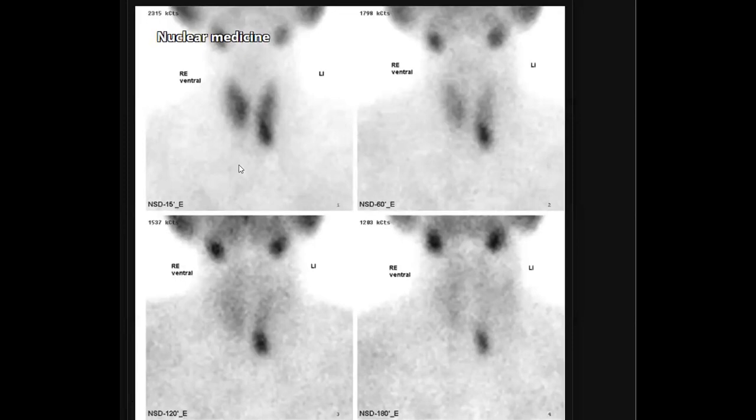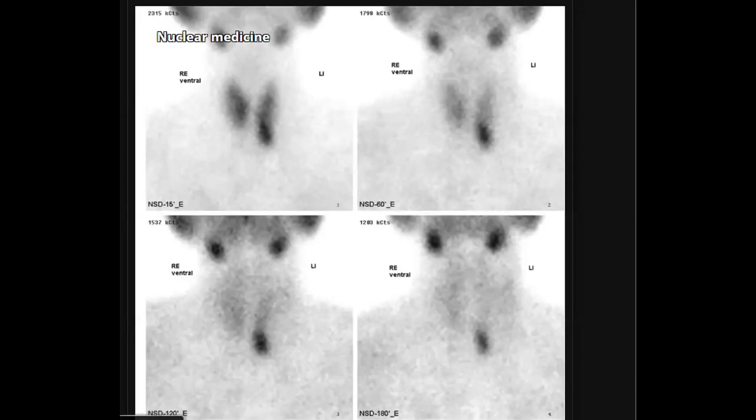Okay. So this is for parathyroid. So what could be there? It could be parathyroid uptake. You can note that the thyroid gland here should wash out, but the parathyroid adenoma in this case has accumulation of the tracer.